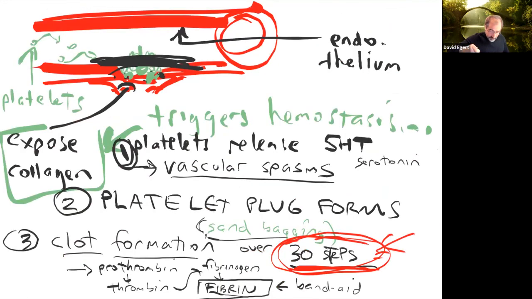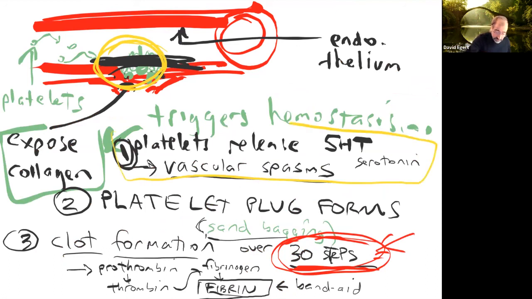But definitely you should know, for your exam, there could be some question like, describe hemostasis. There's a variety of different steps, right? The first step is just the platelets seeing that there's collagen. Then they initiate the constriction to reduce flow to the region.